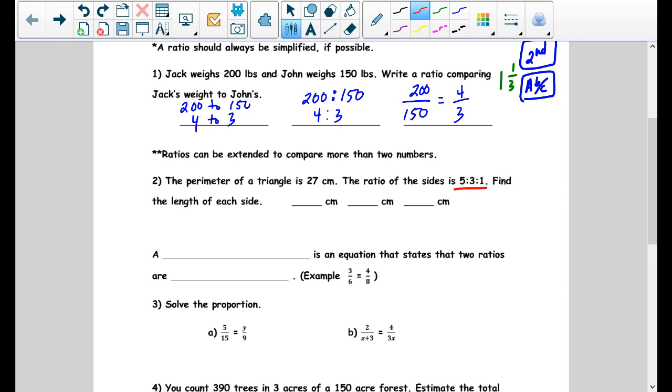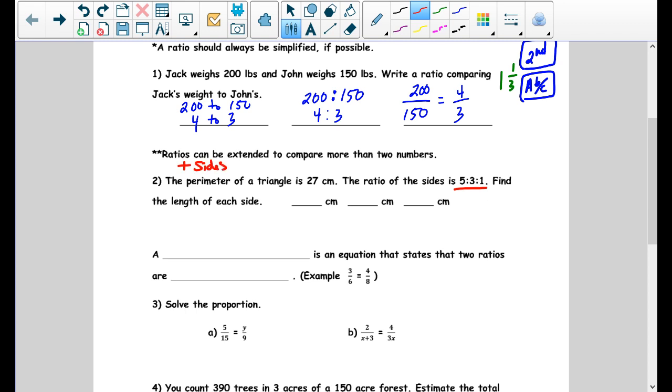Now, how do I calculate perimeter? Just adding up the sides. Adding all the sides together. So, perimeter, add the sides.